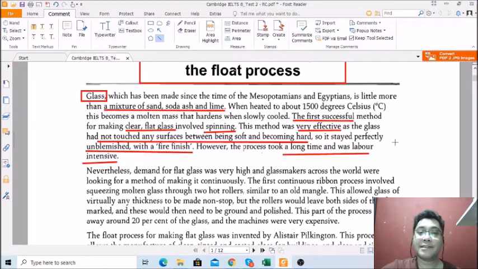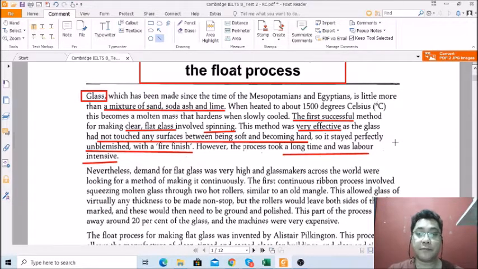So this is exactly what you have to do with your paragraph when you are taking the real IELTS test. I just want you to underline a word that's very, very important. So in here, when I ask you a question, what does the writer want?